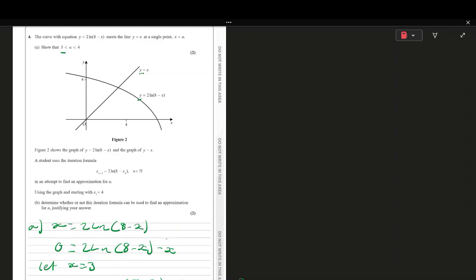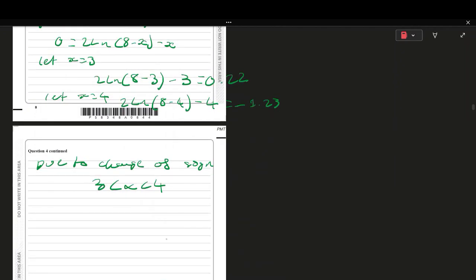So to do this question, starting from x1 equals 4, you draw up to the curve, and you go towards the next curve, and the next curve, and the next. And since it's getting closer to the intersection point, it will be suitable.